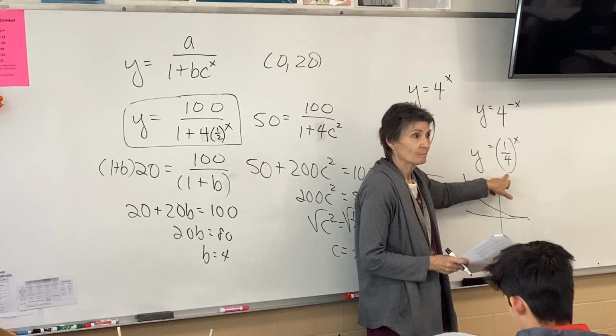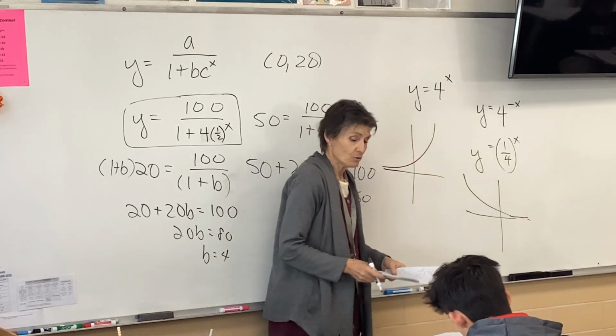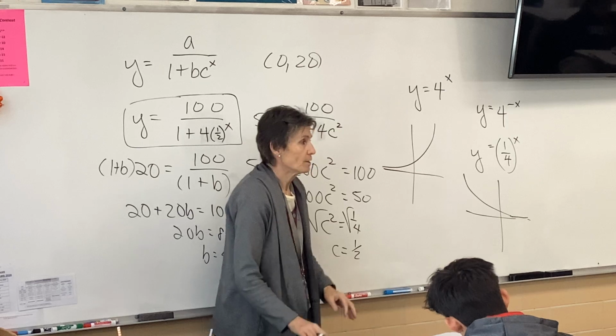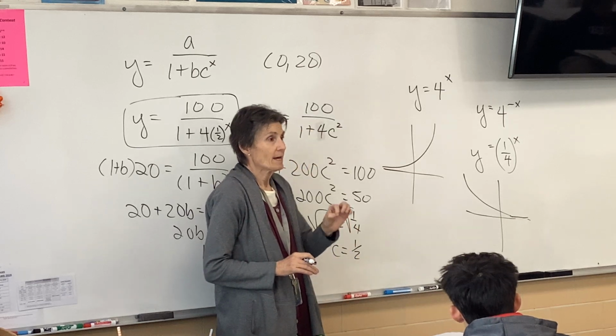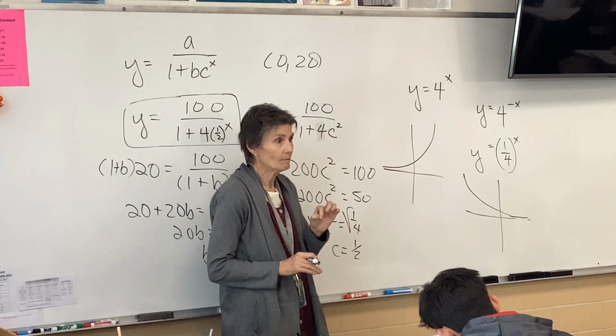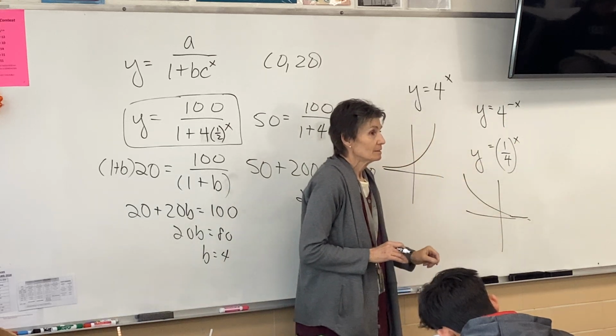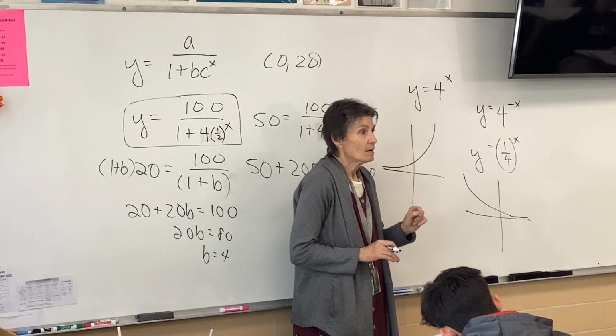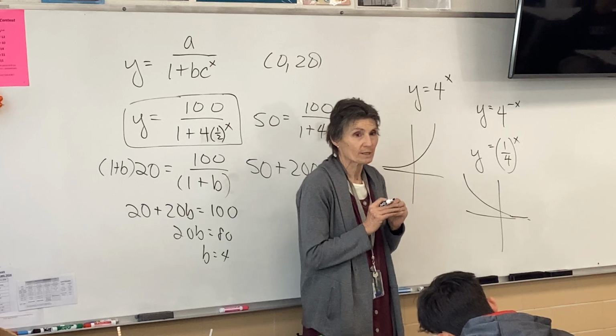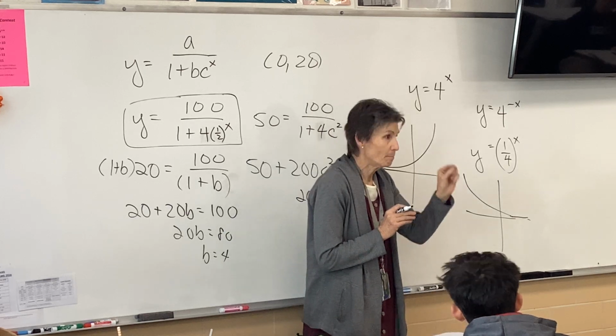Now, I do not ever want you to assume that if the exponent is negative, it's automatically decay. You can't make that assumption. How do you determine if something's growth or decay? You look at the base.